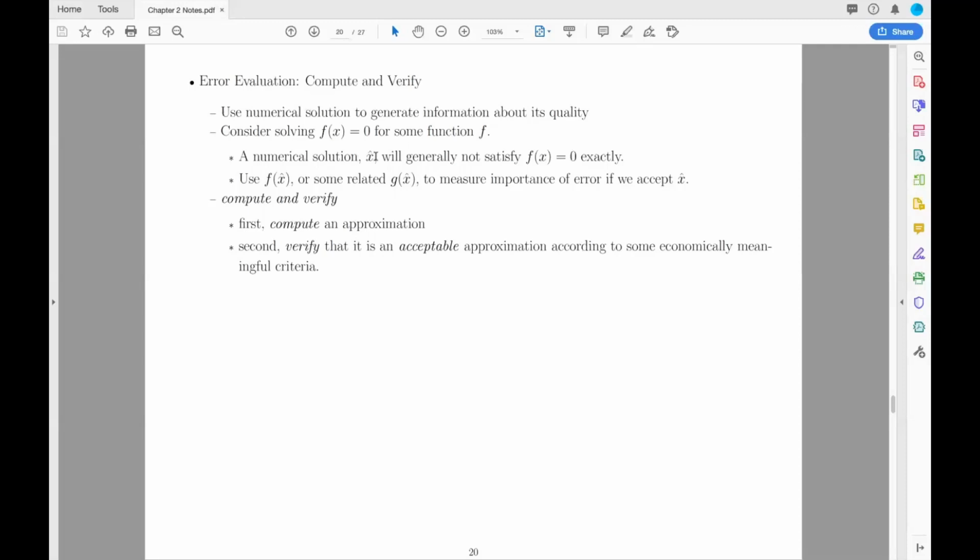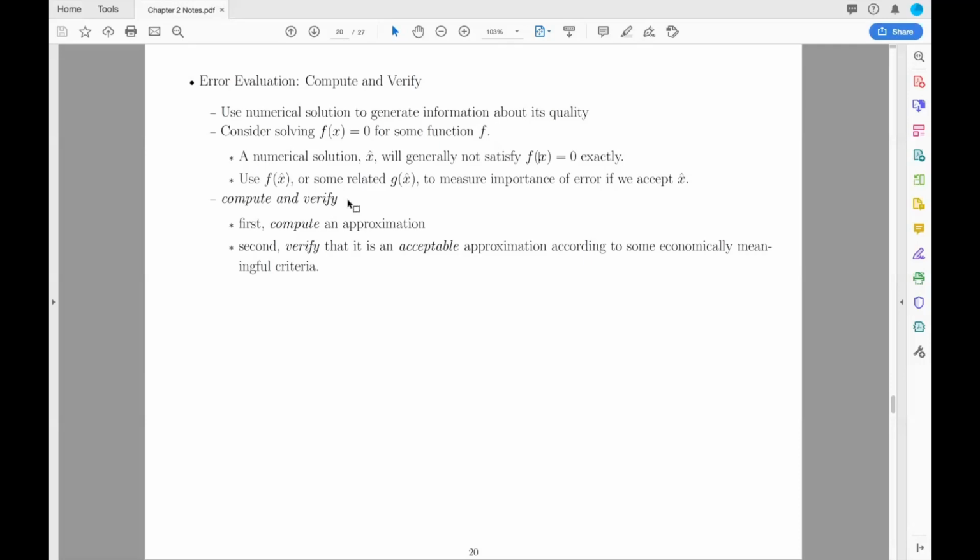Your solution is not going to be such that f at x hat will equal 0. There will be some error. What you then do is use the value of f at x hat, or some related function, to measure the importance of the error and determine whether or not we accept x hat.